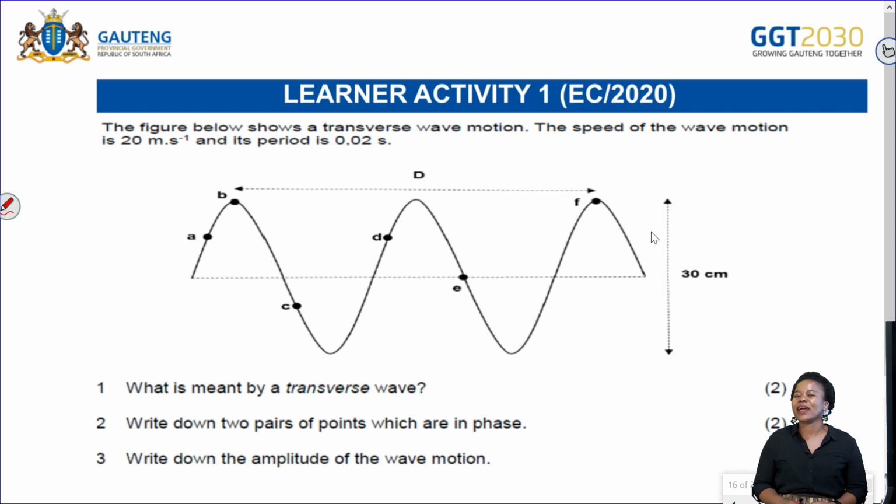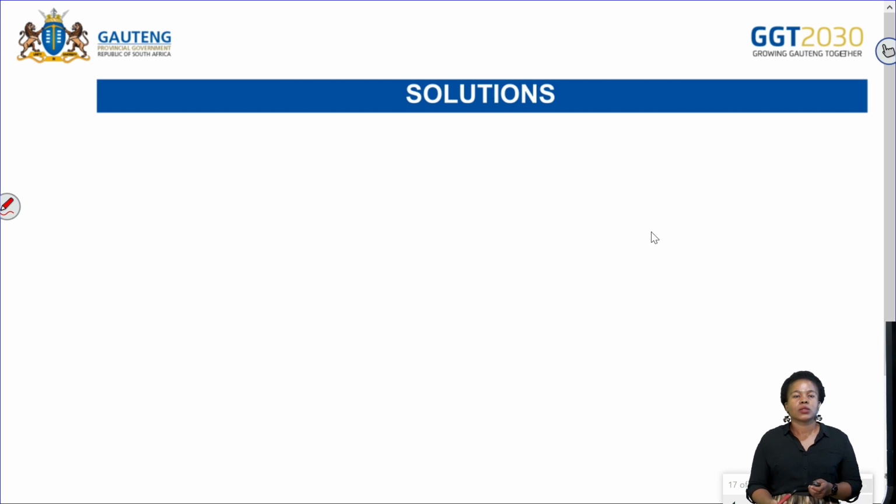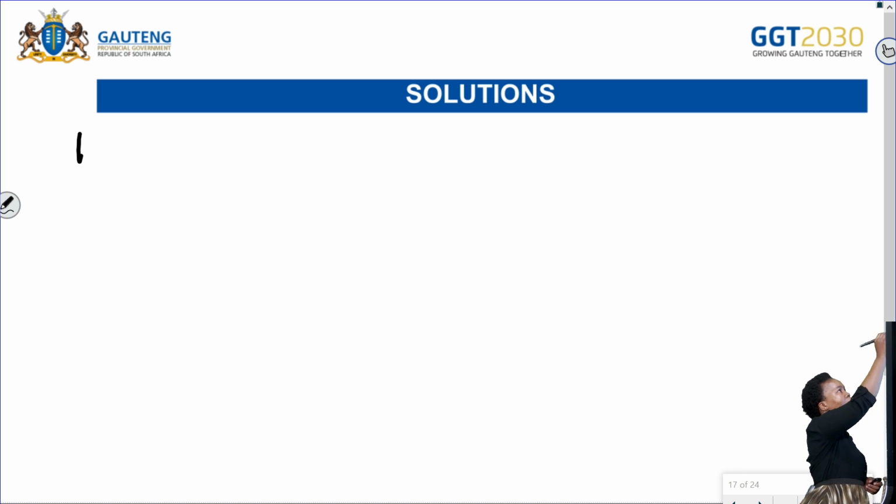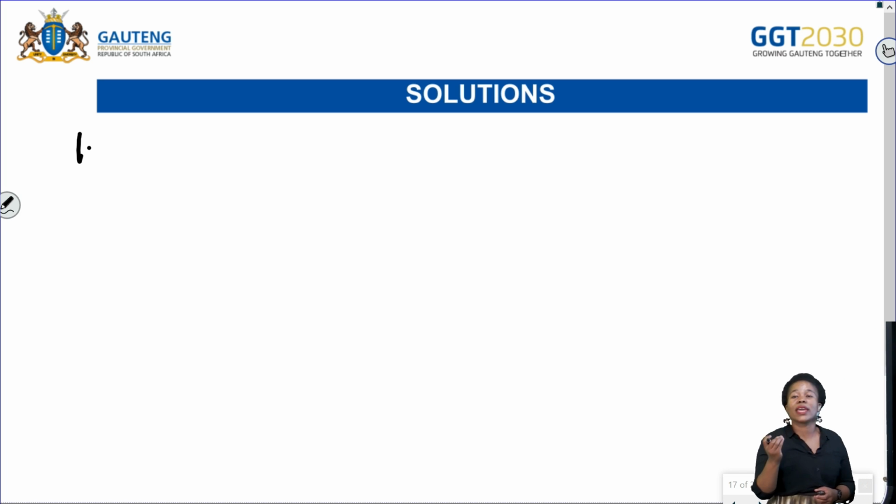What is meant by a transverse wave? Now, you're no longer identifying it in your multiple choice question. Now, you need to define it in full. So, this is our number 1. Let's just get a black pen. It's a wave.